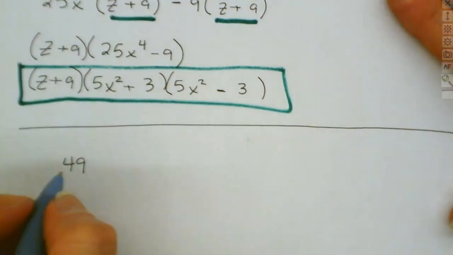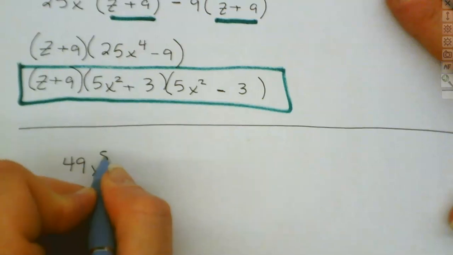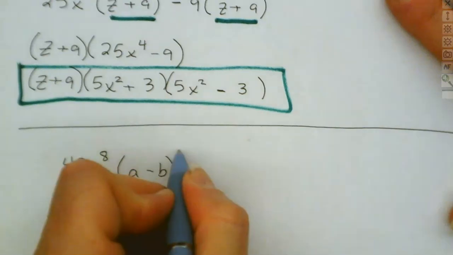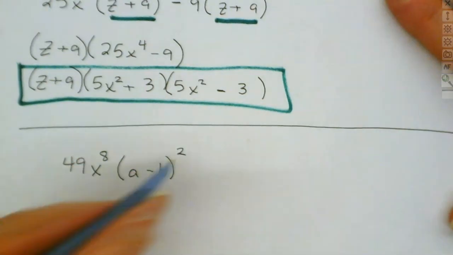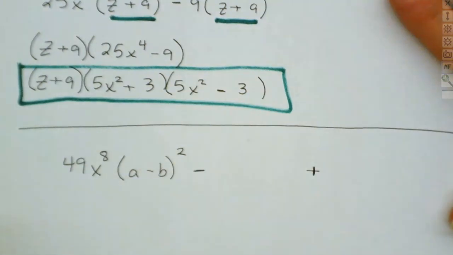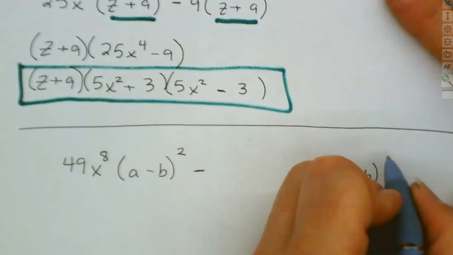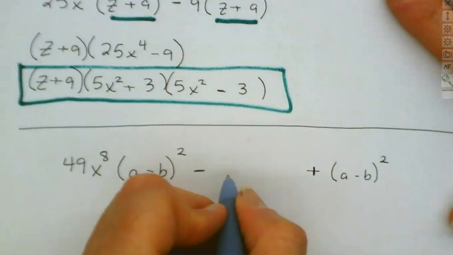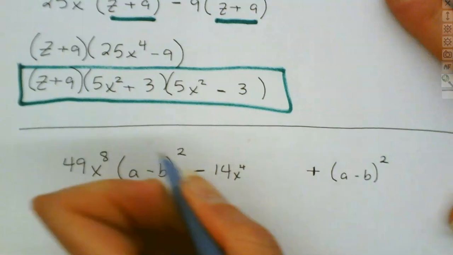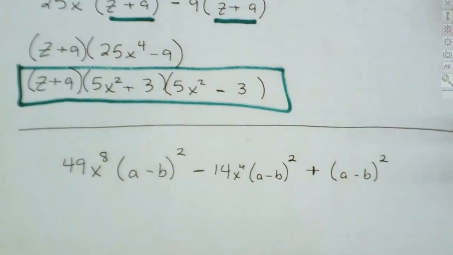How about 49x to the 8th times a minus b quantity squared, and we'll do a minus, and we'll do a plus over here, how about a minus b quantity squared here, and let's do a 14x to the 4th a minus b quantity squared here.